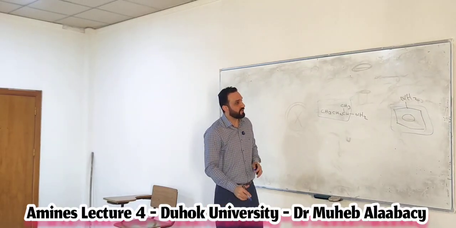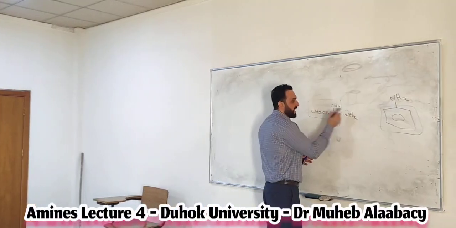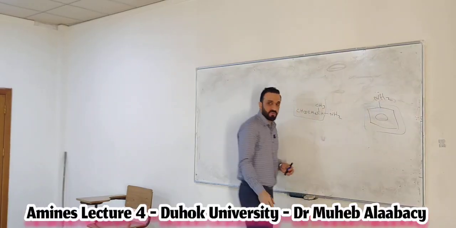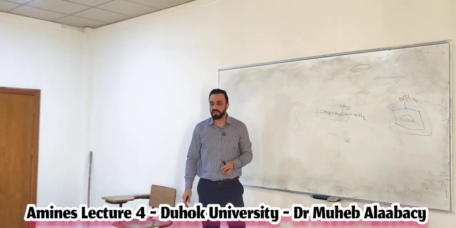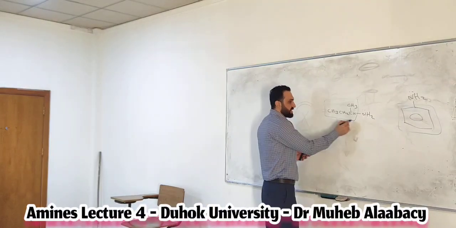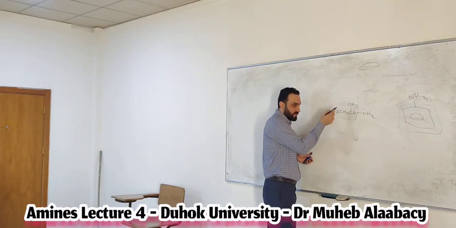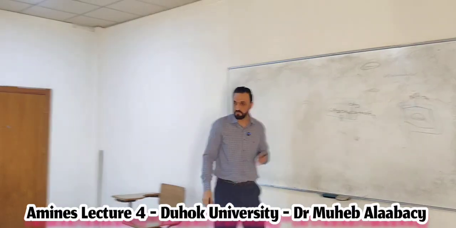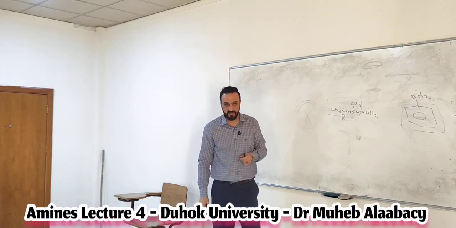Now, if I want to compare the electron density between this NH2 and this NH2, we have to think about the effect of the different groups. This alkyl group is a donating group, yes? We have just one inductive effect.